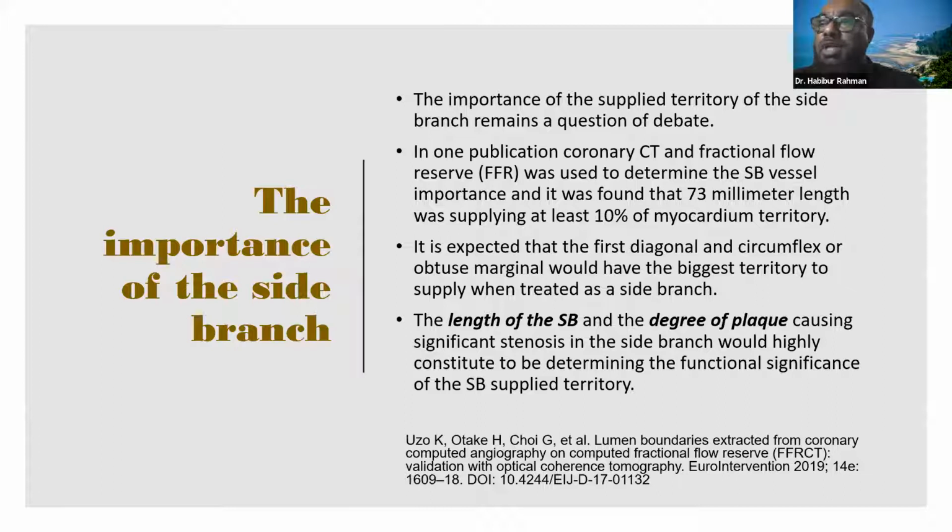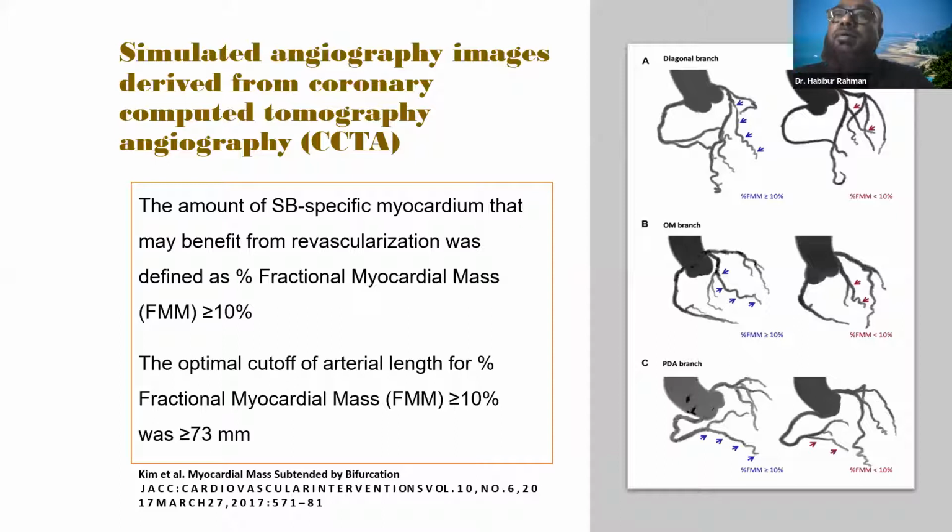And of course, the length of the side branch and the degree of plaque causing significant stenosis in the side branch would highly determine the functional significance of the side branch territory. By simulated angiography images derived from CT angiography, the amount of side branch specific myocardium that may benefit from revascularization was defined as percentage fractional myocardial mass, that is FMM, equal to or more than 10%.